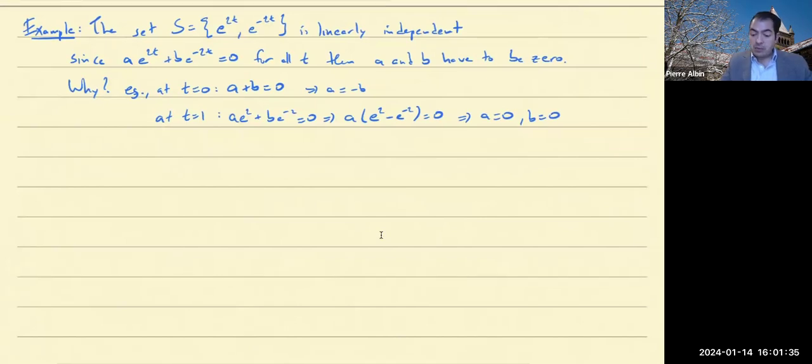Okay, so coming back to our general purpose, we're given a linear ordinary differential equation. We have a set of solutions, and we want every solution to be a linear combination of elements of this set.